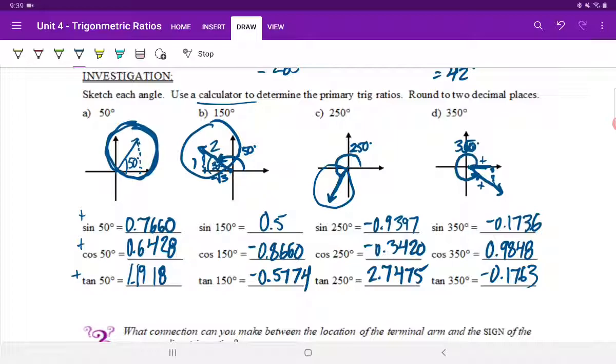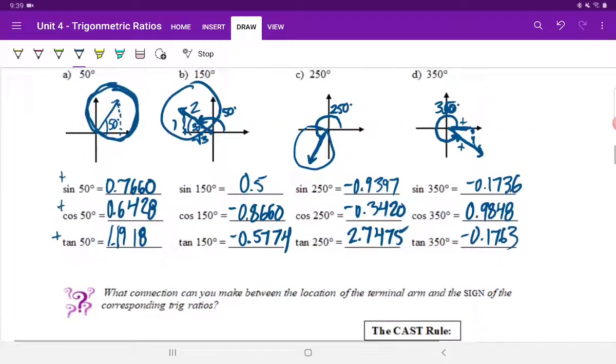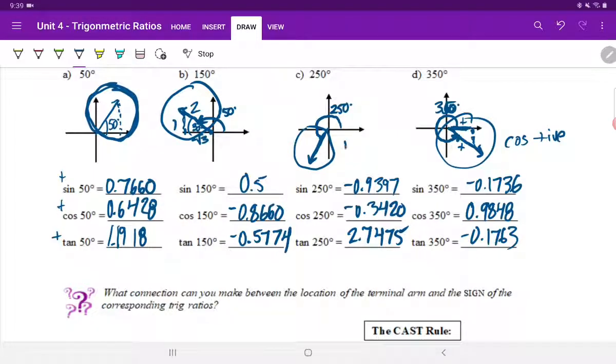And in measurement, we always give positive values, the absolute values. So in this quadrant, we found that cos was positive. Here, tan was positive. Here, sine was positive. And everything else was negative. And here, all positive.